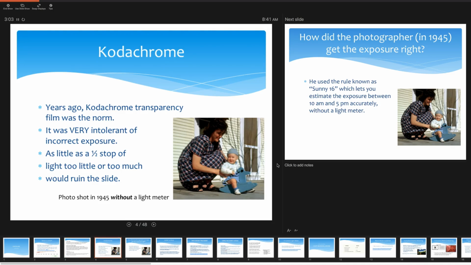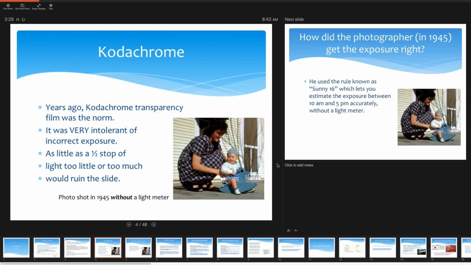In this class, I believe people have actually used film cameras, right? We established that. In my other class, nobody's ever touched a film camera, but a few of you have, right? Okay. Years ago, let's say maybe our parents, grandparents, everybody had film cameras, and it was Kodachrome, Kodak film, transparency film, slide film.